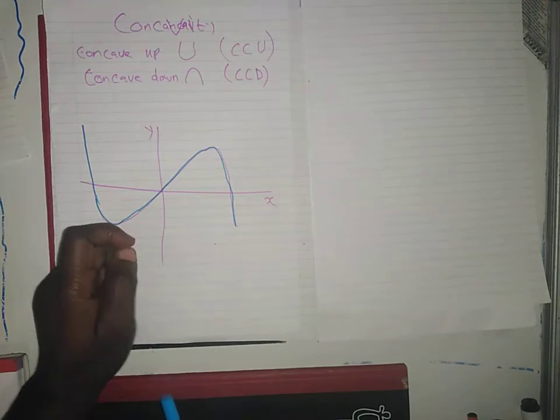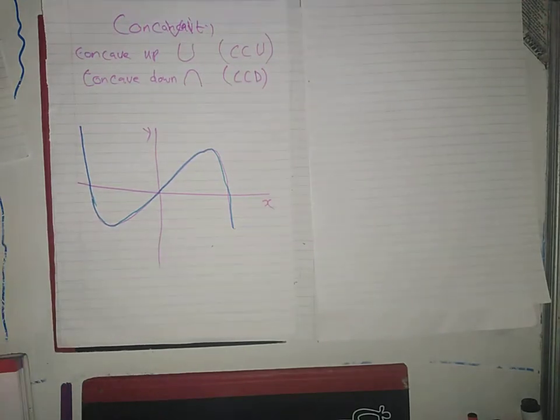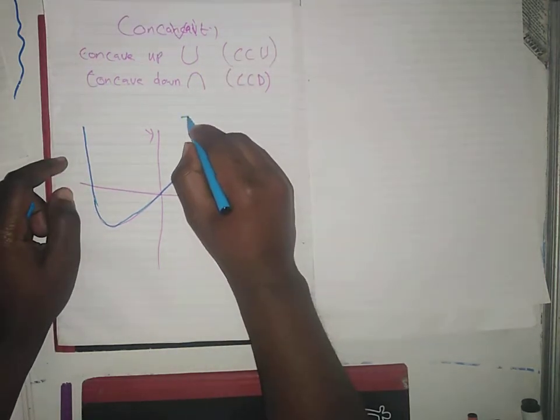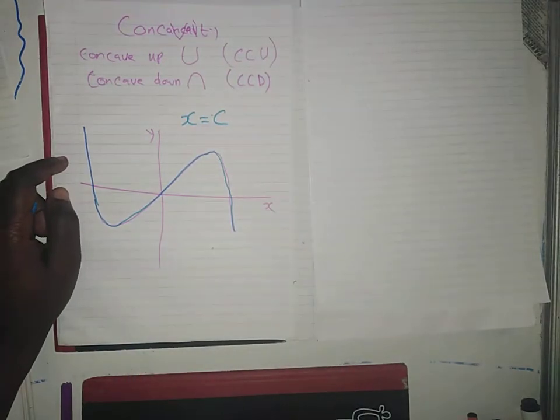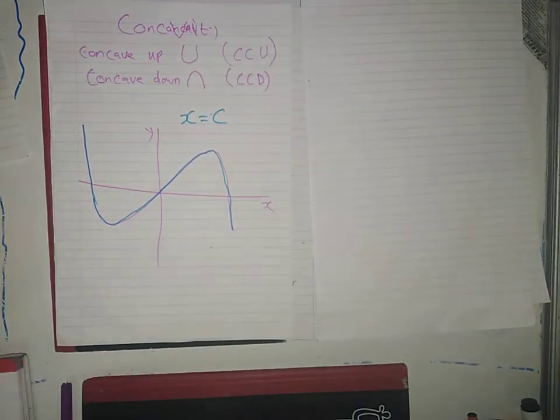All right. Now what we are going to do is zoom in on a point. I'm going to give you a point, and we'll call it C, so a value of x, x is equal to C. And then we are going to ask whether at this point the function is concave up or concave down. What is it that you should do when we ask you this kind of question?